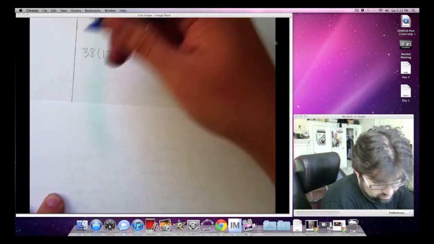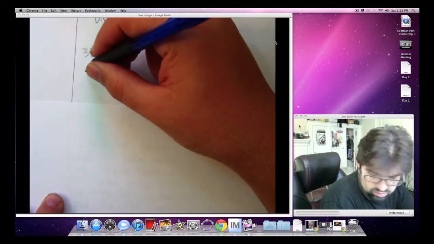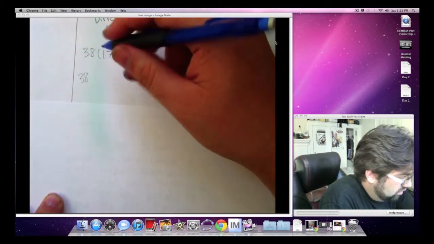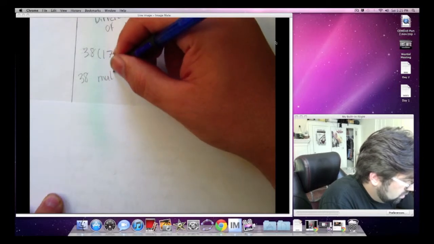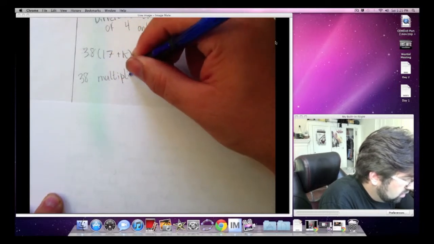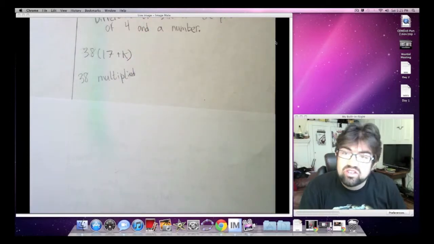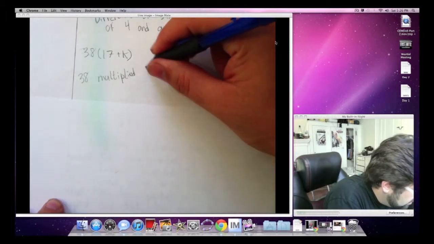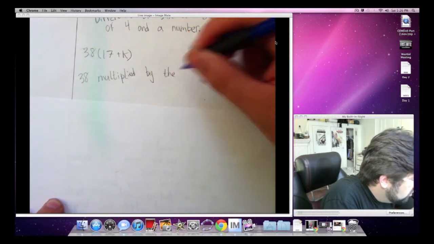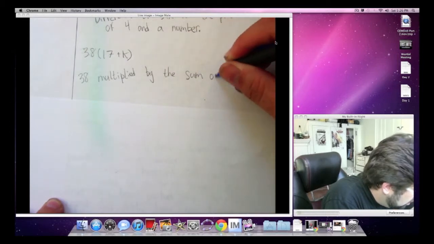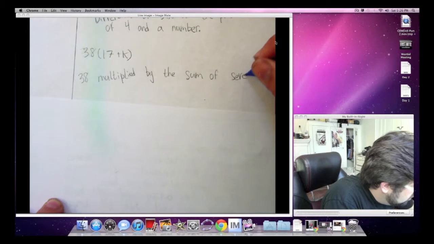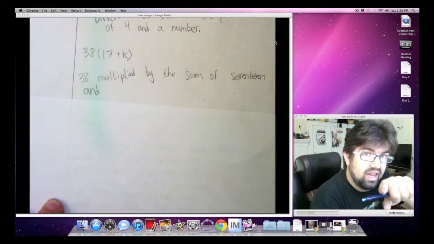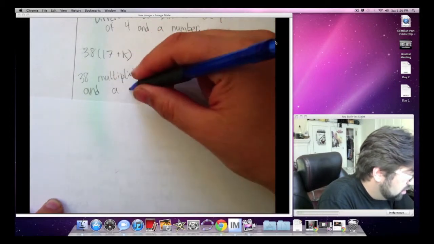So this is, I can say 38 multiplied, and it's not just by 17, and it's not just by k, it is multiplied by the sum of 17 and, not k, a number.